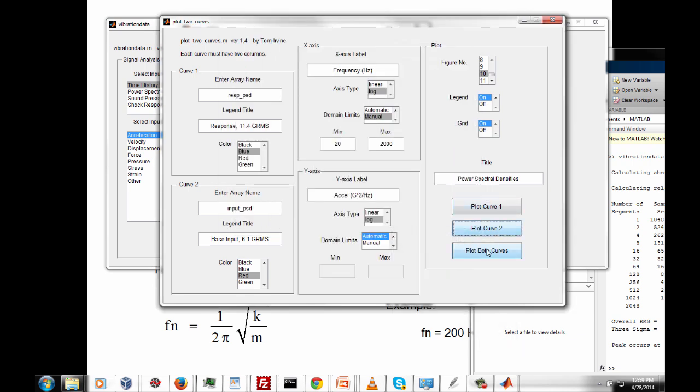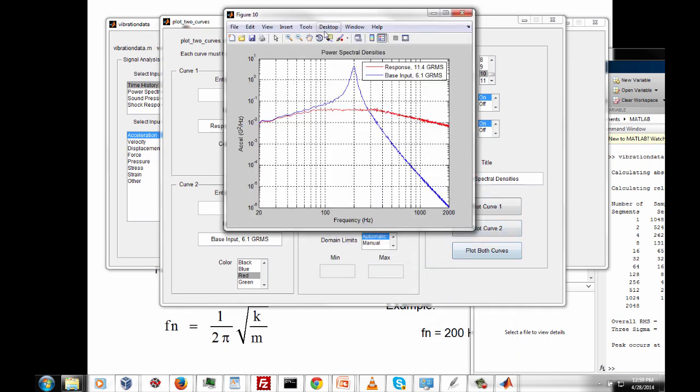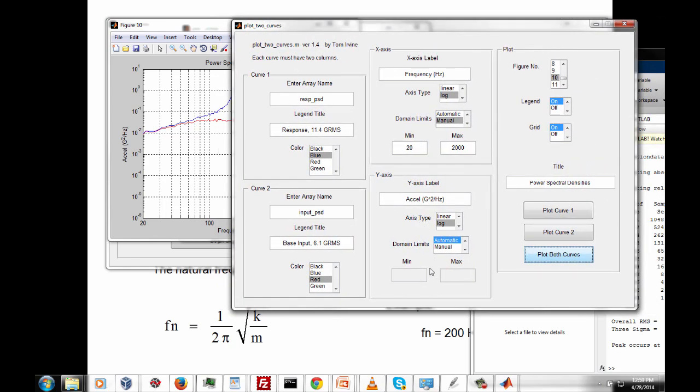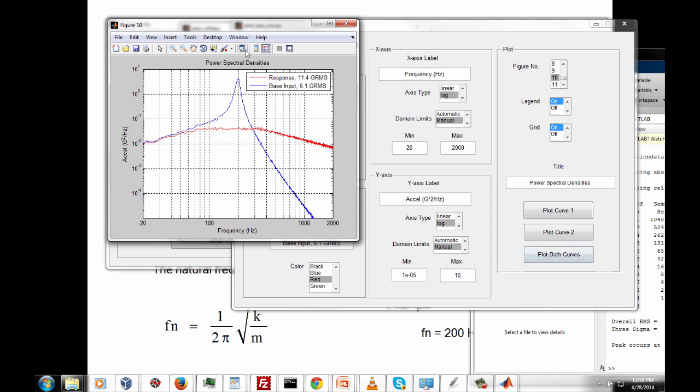And then we can plot both curves. So here's a plot with both curves, and if we decide we have too many decades, we can make manual changes here for our y-axis limits. It's pretty easy to do.